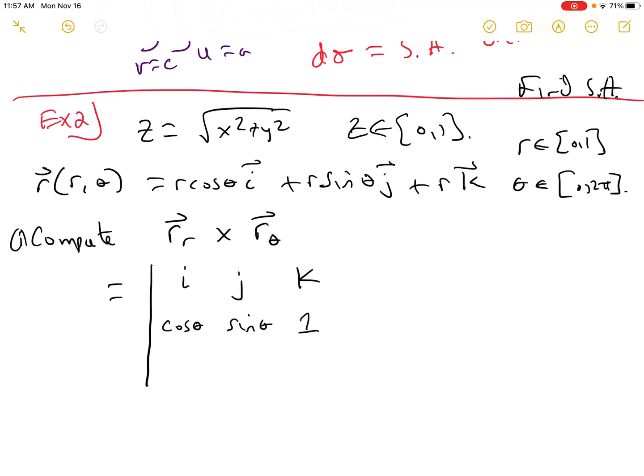The theta partial of x is minus r sine theta, the theta partial of y is r cos theta, and the theta partial of z is 0. And this becomes k times what?